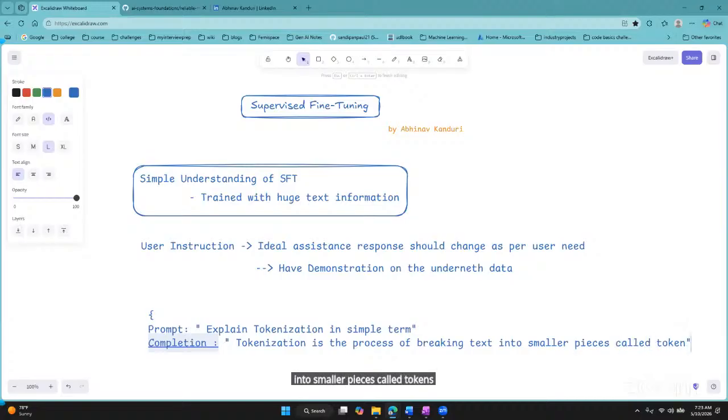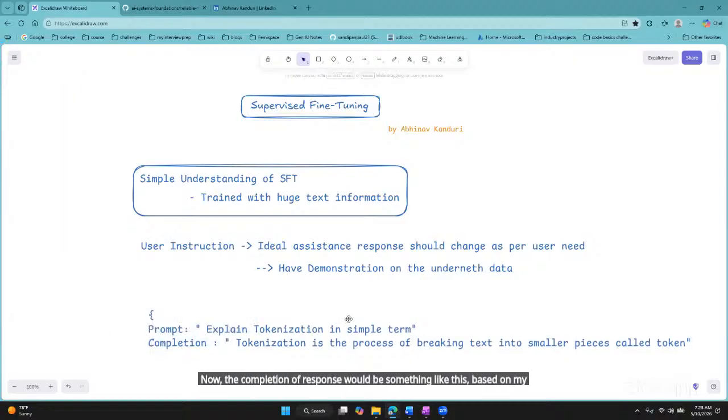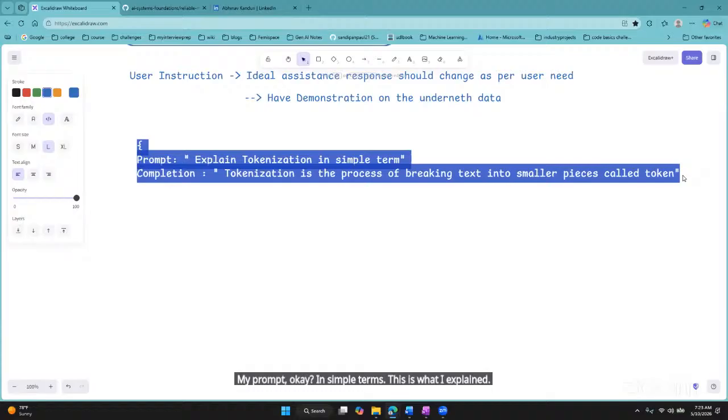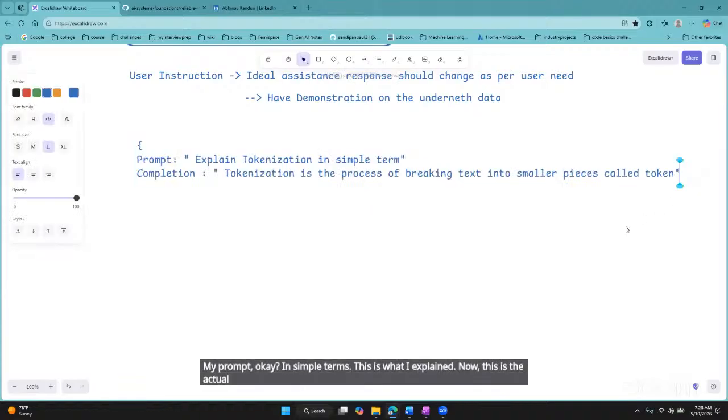The completion or response would be something like this based on my prompt, in simple terms. This is the actual prompt, and you are getting a response as per the prompt.